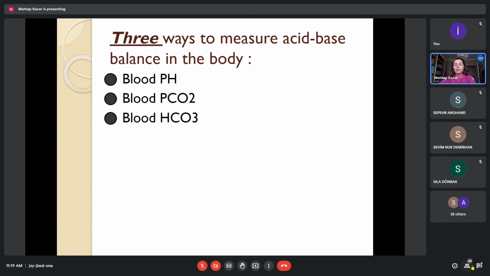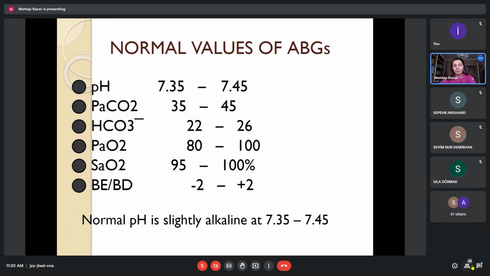There are three ways to measure acid-base balance in our body: blood pH, especially arterial blood pH, blood PCO2, partial carbon dioxide concentration, and blood bicarbonate ion concentration.